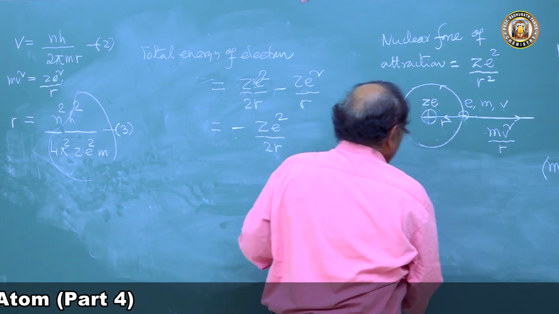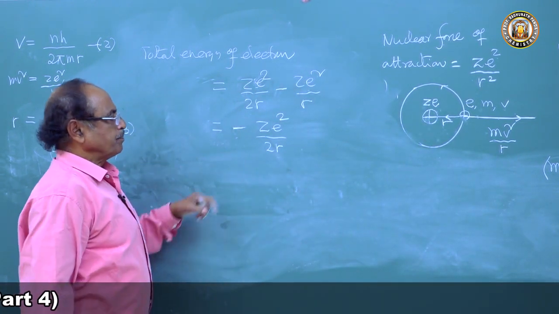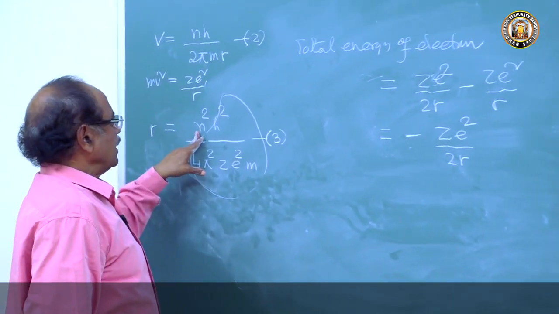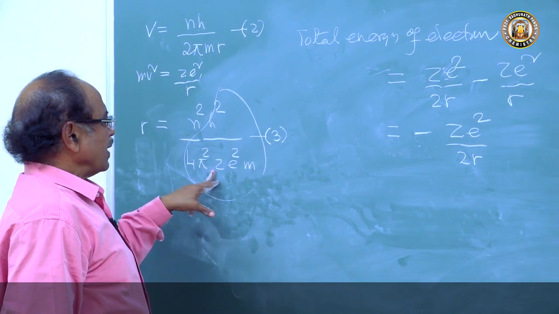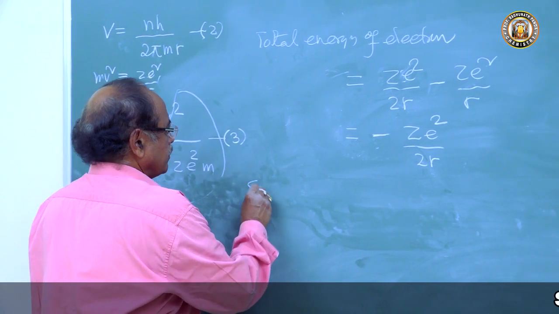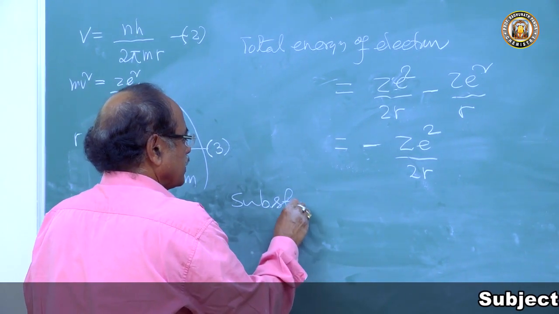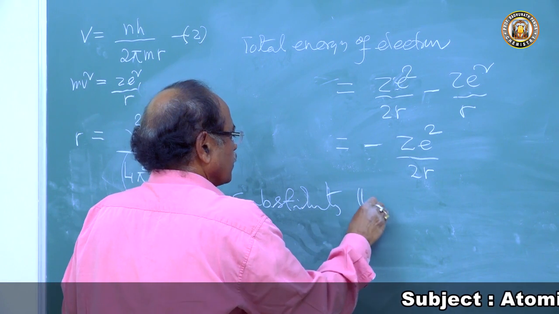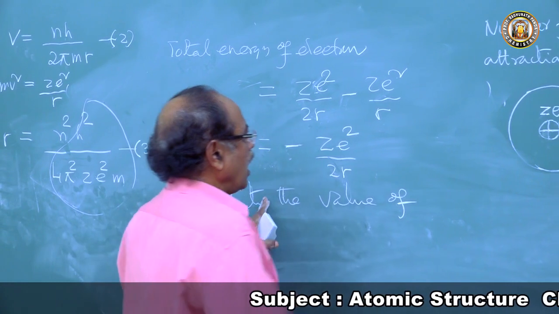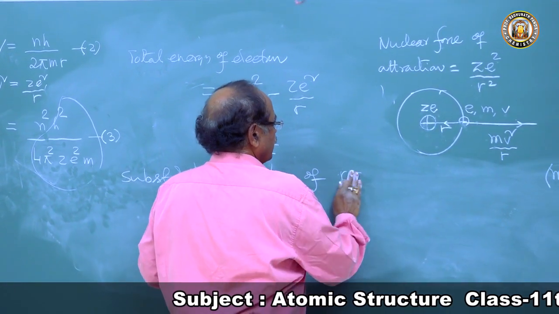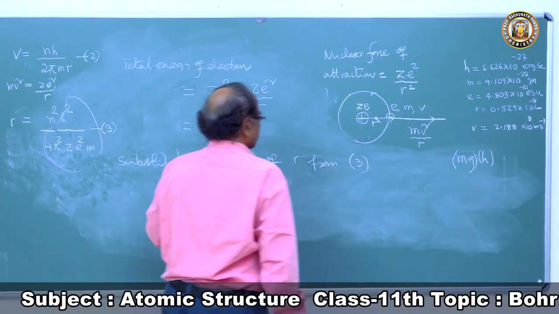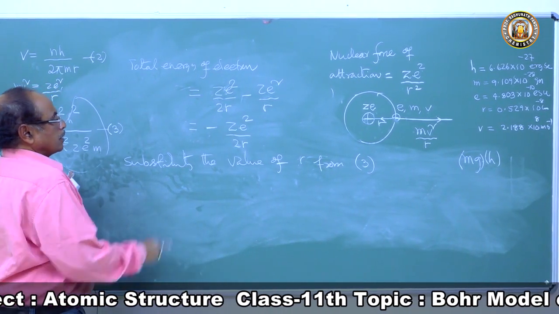So now we will put the value of r here. What is r? r equals n square h square by 4 pi square Z m e square. So substituting the value of r from equation 3, we are putting here.